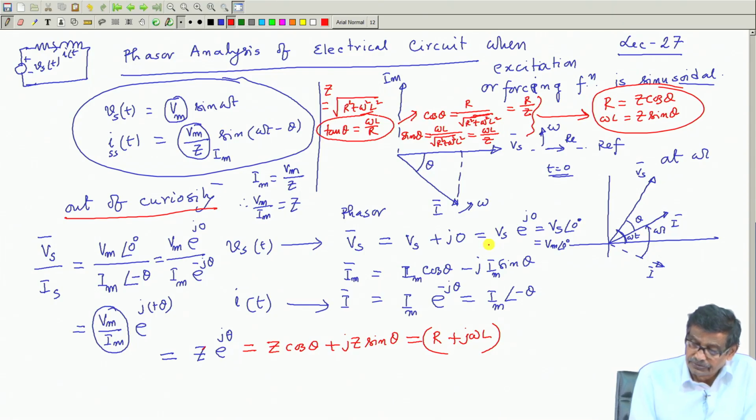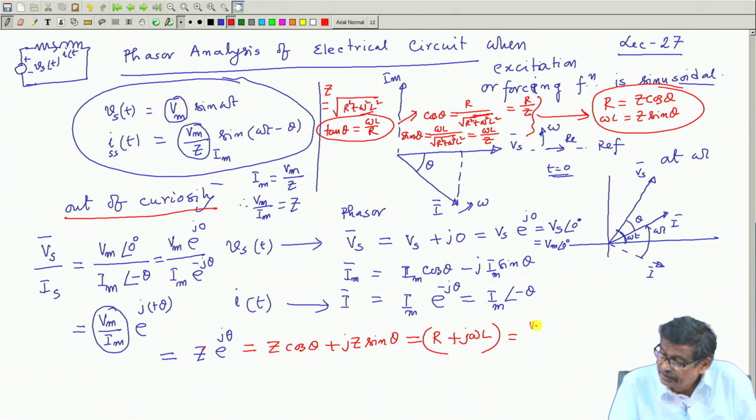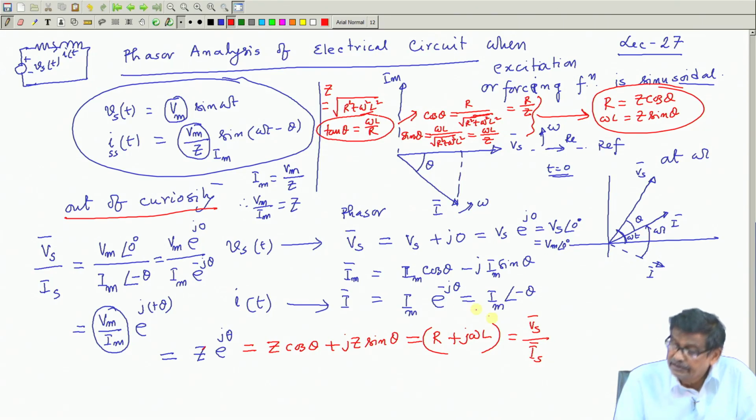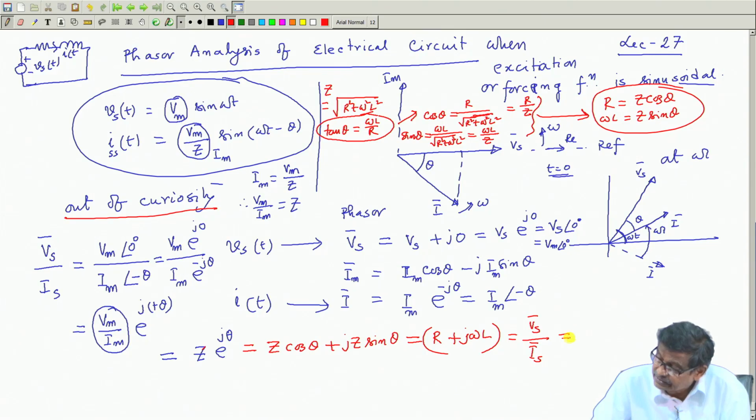You divide these two and you get this. The ratio of V s phasor by I s phasor turns out to be a constant of the circuit. It depends on supply frequency, that is there, but not on supply voltage or such. So, this ratio is constant.